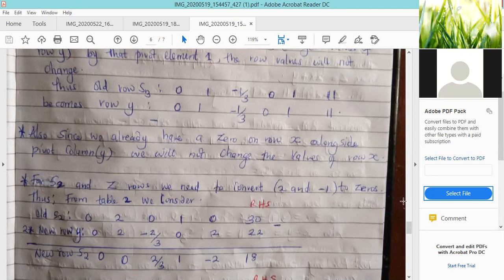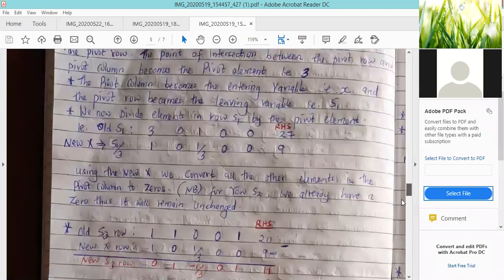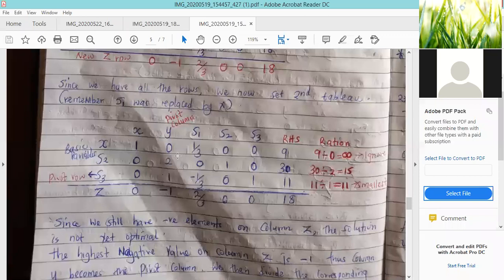But now, how do we use this row Y to change the others? You can see in our second table, we now want to make all this equivalent to 0. We had a 0 alongside row X, so that one will not interfere. But on our S2, we have a 2. This 2 must be made to be a 0.